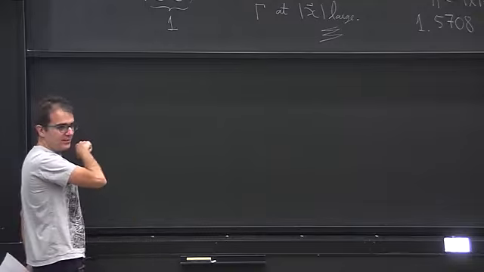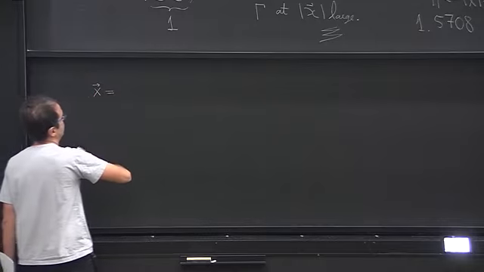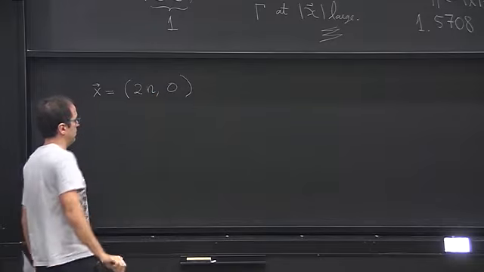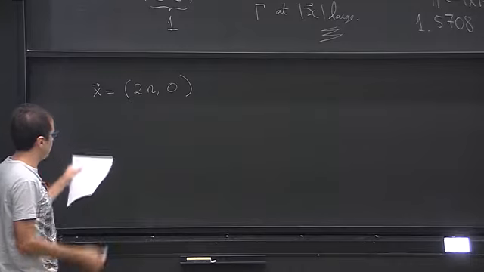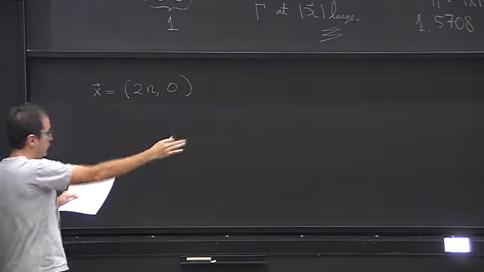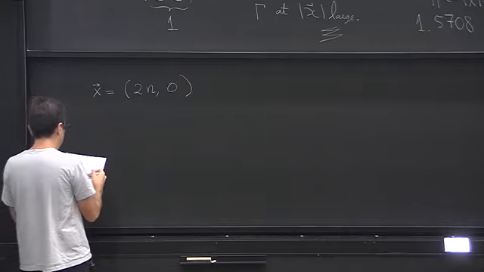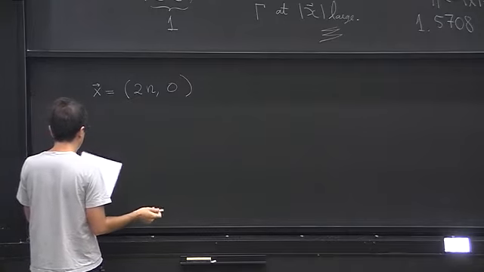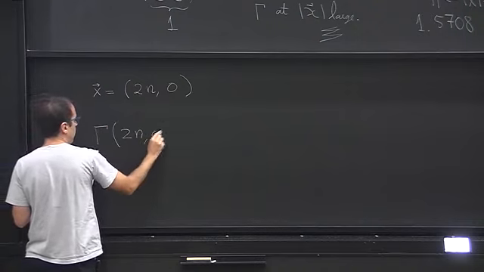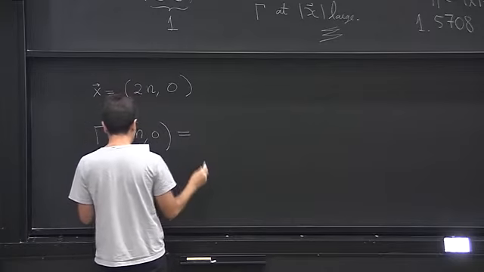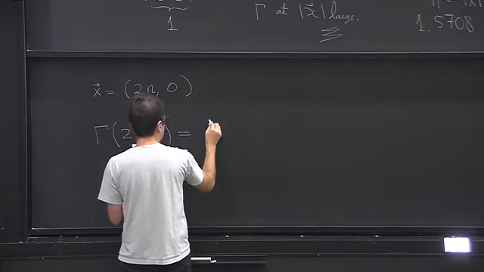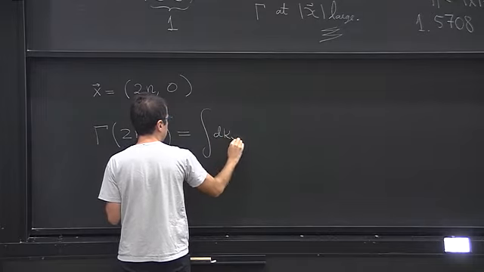So let's compute. So we compute the integral. Let's consider x to be 2n, 0. I want to take x large, and I want to parameterize it in this way. I chose an even site, 2n, 0, because as you will see, it becomes a little bit more convenient. In that case, my gamma at position 2n, 0 would be equal to... the exponential just depends on dkx.